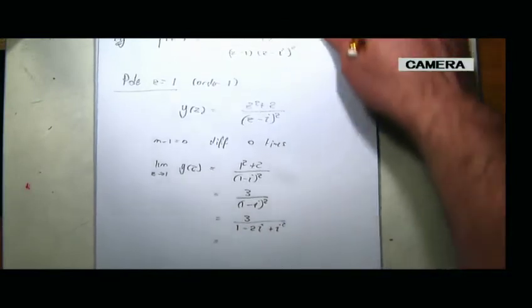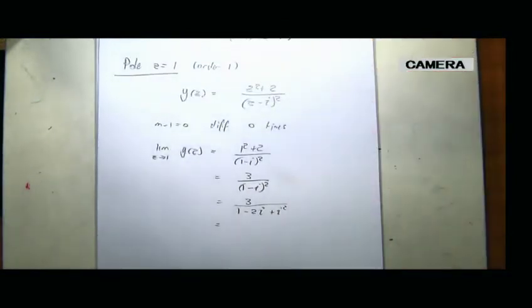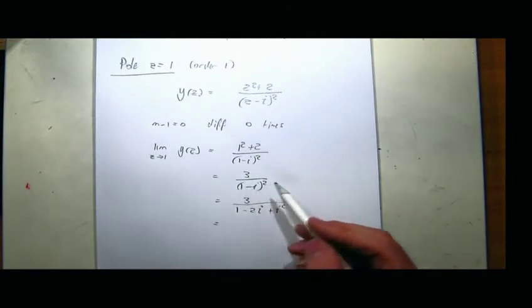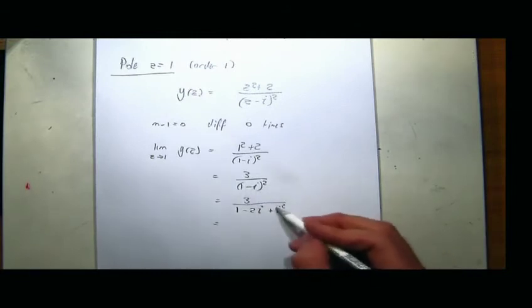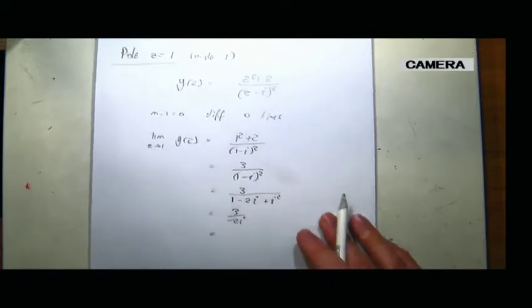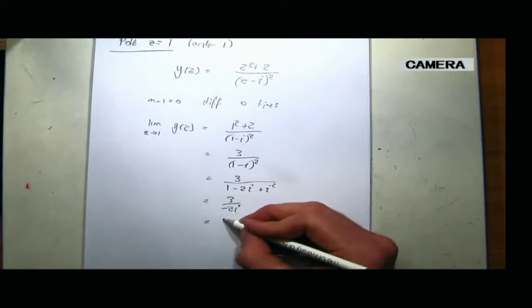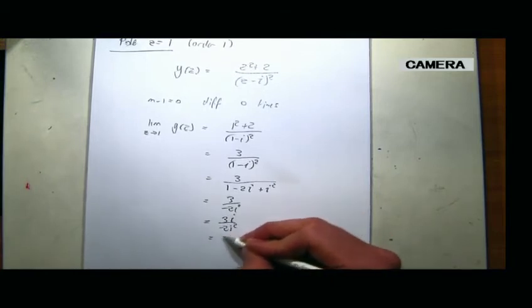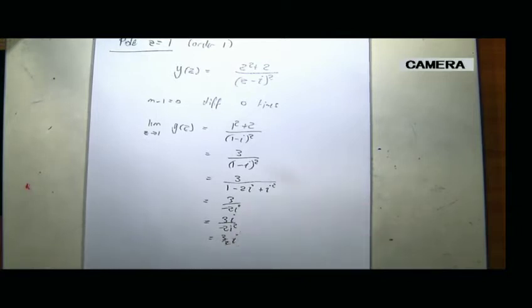Oh, cool, turned out nice. So let me just see if I've got that right. 1 squared minus 2 times 1 times i plus i squared, and i squared is minus 1. And that is great stuff. If I times the top and bottom by i, I'll get 3 on 2i. Nice when something works out, even though you didn't plan it. So that's the limit.